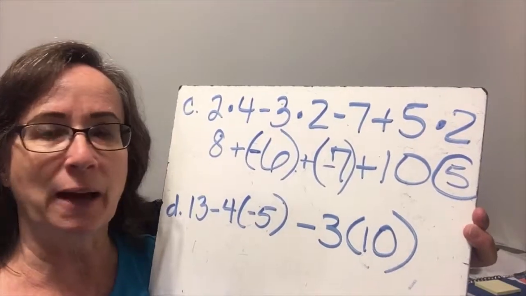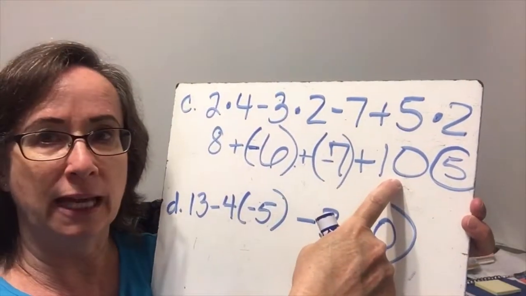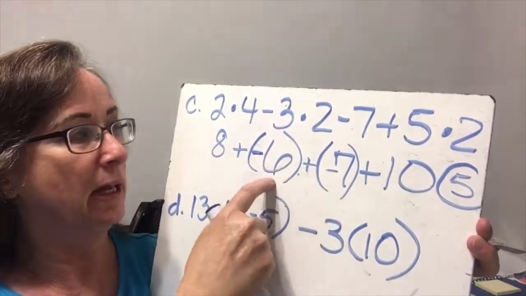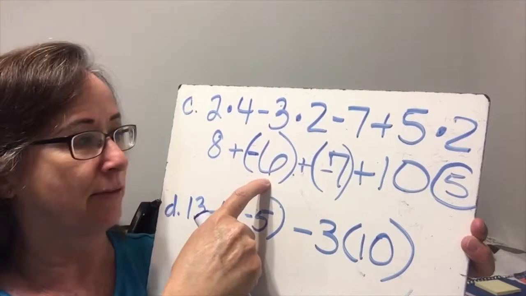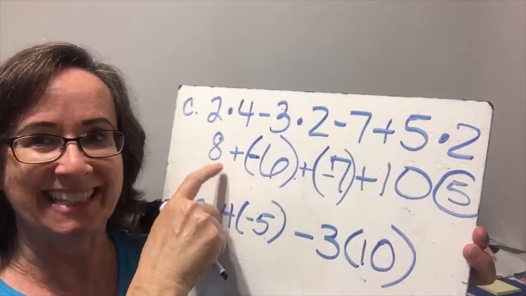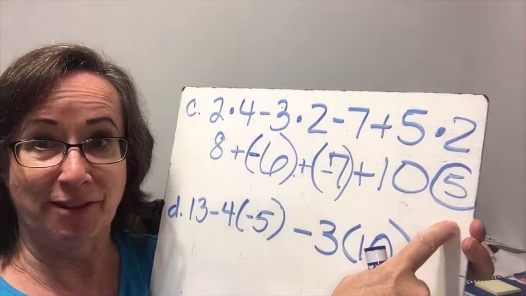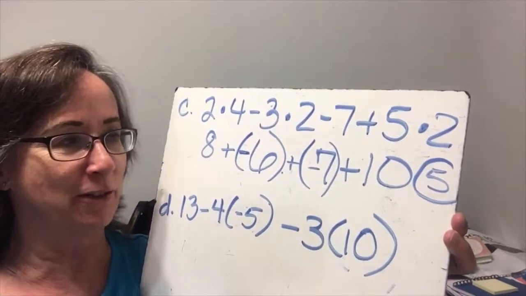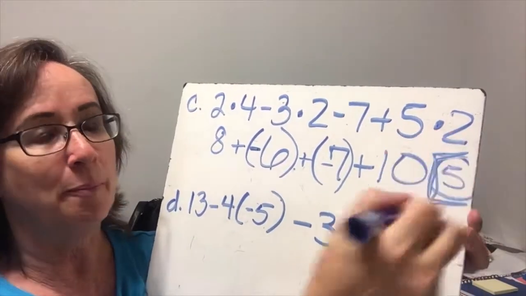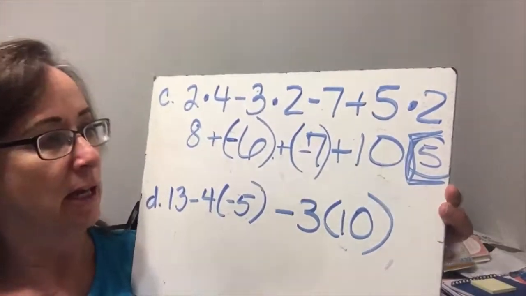So let's do it backwards. So let's do 10 plus a -7 is 3, and 3 plus a -6 is a -3, and -3 plus a 5, plus an 8 is, again, a 5. So we got the same thing that we did the first time, but we did it in completely different order because we had changed everything to addition.